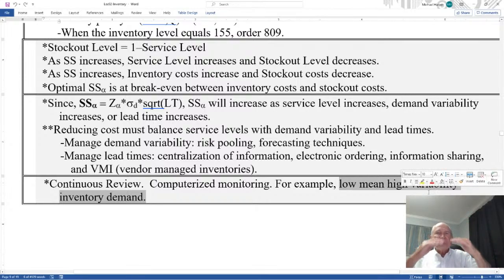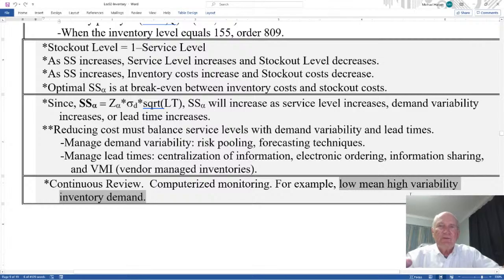In other words, you don't need a lot, but there's high variability in your demand. Continuously review it all the time. Stay on top of it. Review it consistently. Because it's a low demand, you need to review it consistently. But with high variability, you're going to be very careful to make sure that your safety stock will monitor the demand. Okay?